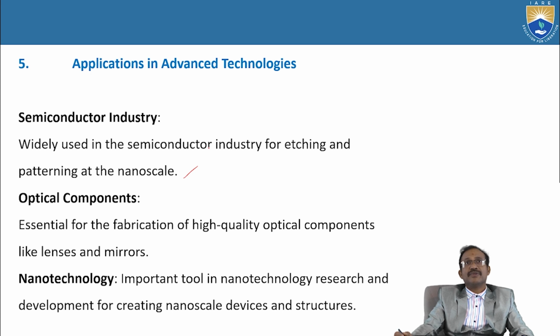So here in the semiconductor industry, we need to machine at a nano level, so it is best suited. Next, optical components, essential for fabrication of high quality optical components like lenses and mirrors. Last one, nanotechnology, an important tool in nanotechnology research and development for creating nanoscale devices and structures.